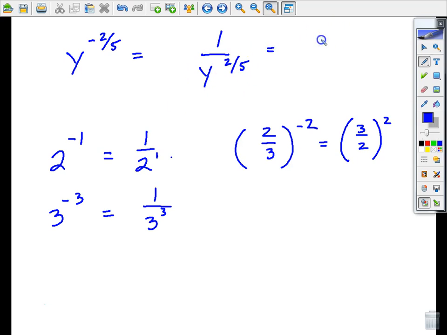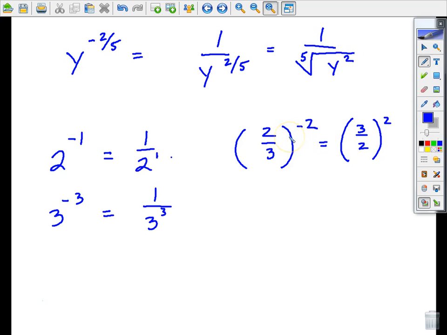So Adam, what is y to the 2/5 as a radical? Square root of y. So the denominator is always what part of the radical? So it's the fifth root of y to the second.